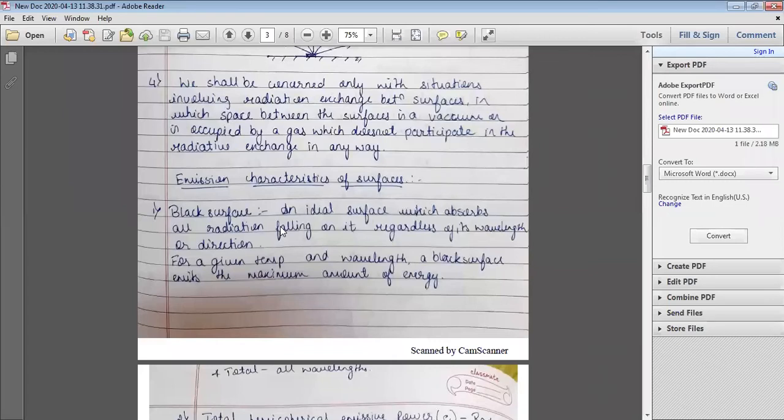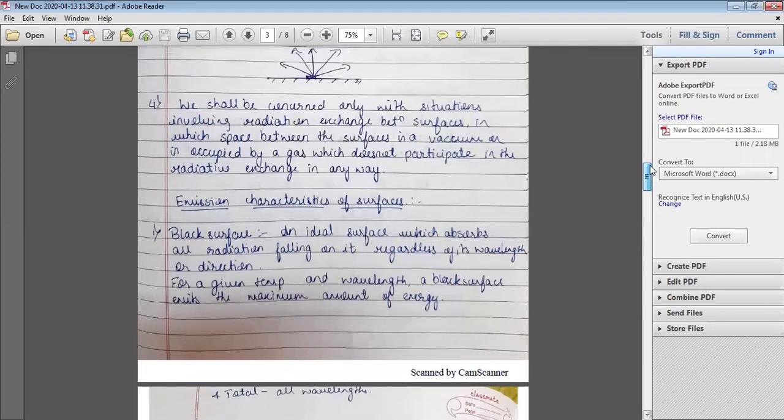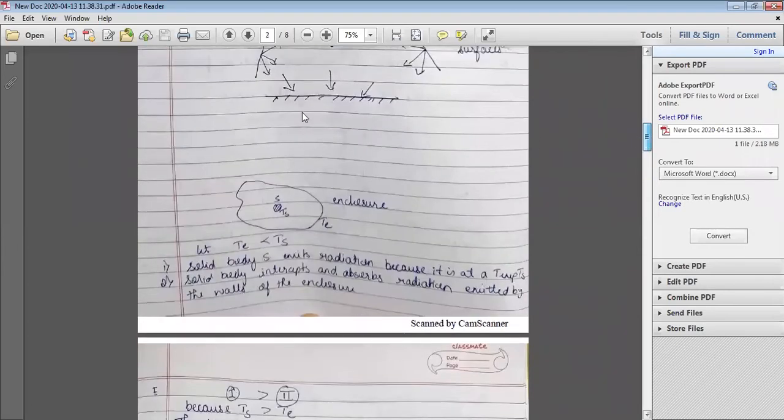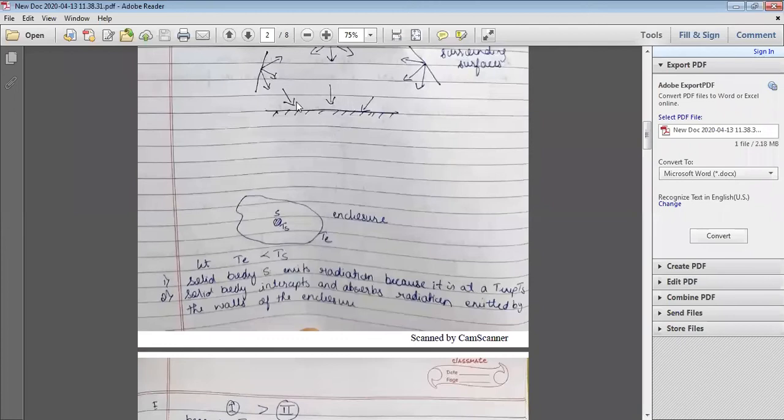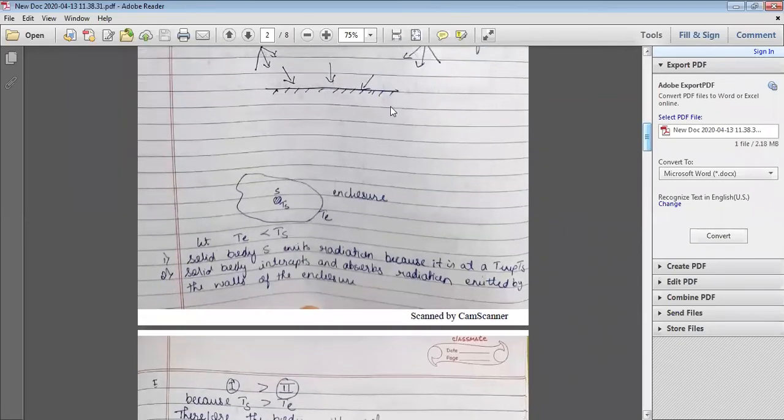For a given temperature and wavelength, a black surface also emits the maximum amount. I can also take this black surface, which absorbs all the radiation falling on it; it also emits the maximum amount of energy within the surface for a particular wavelength and temperature.